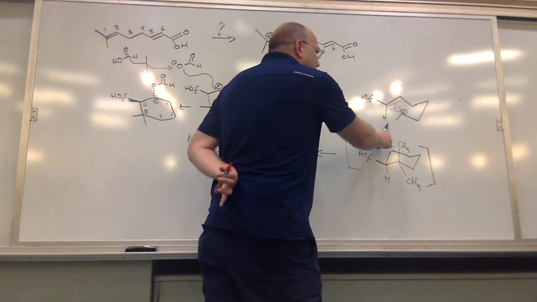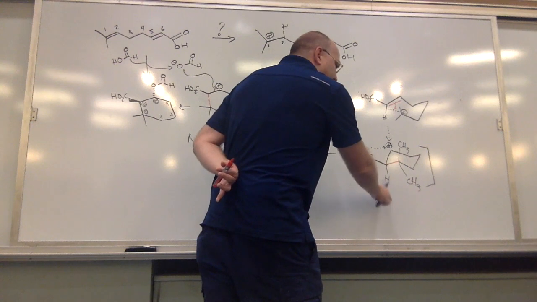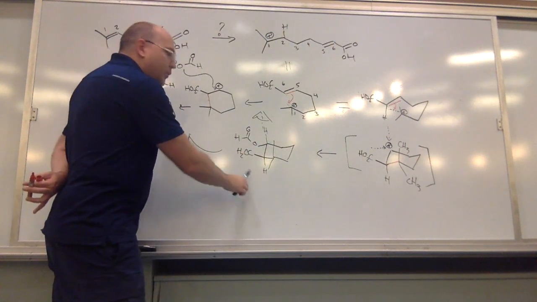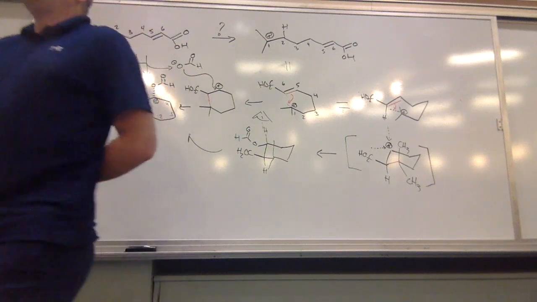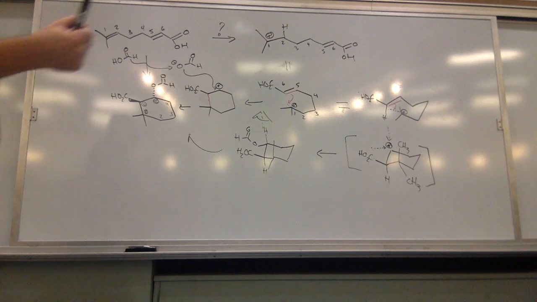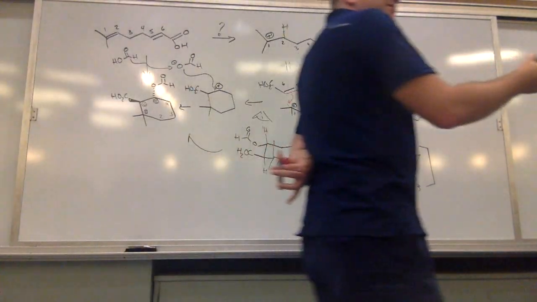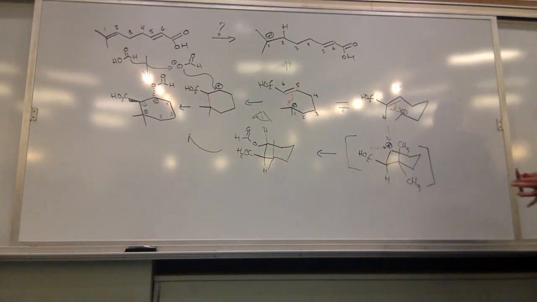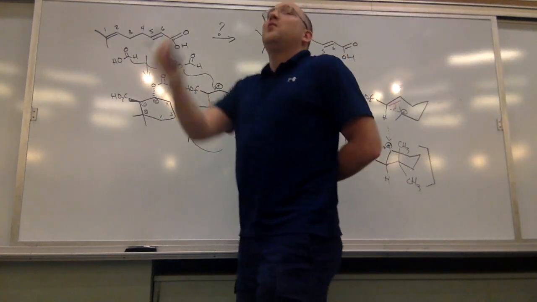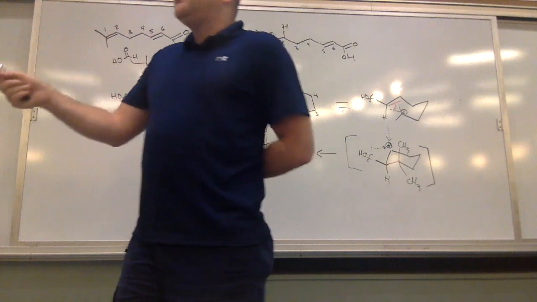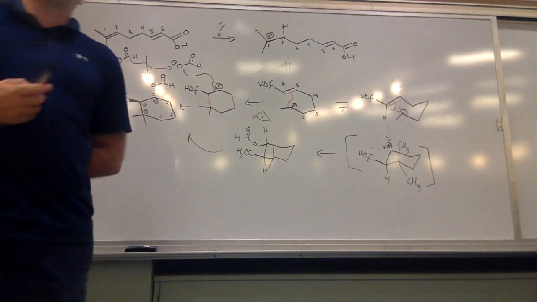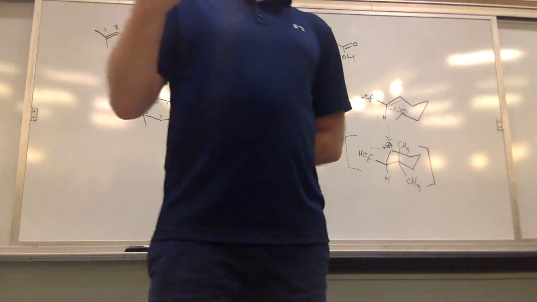But if this was now cis, at that intermediate, the group would be down, so this would be down, and those two would be on the same face as one another. The point I'm bringing up is that the stereochemistry of the alkene ends up transitioning to stereochemistry in the product. We're not learning this right now, but we're going to learn it in pericyclic chemistry, and this is going to be a major component later on in the semester, as just a representative example.